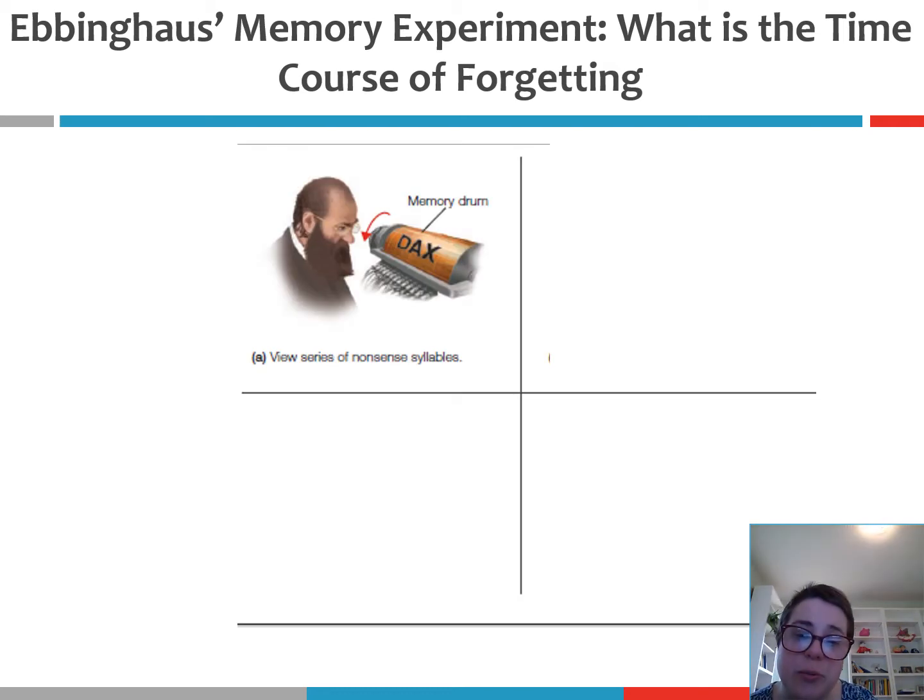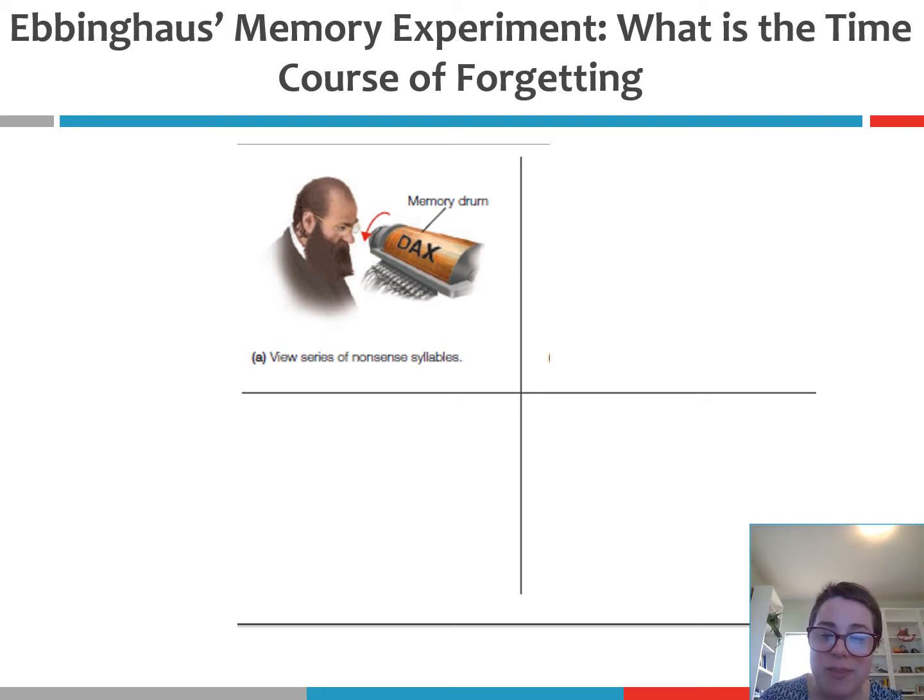So in order to do this, Ebbinghaus first had to come up with his own set of materials. A lot of times in contemporary experiments studying memory, we take things like ordinary word lists. So we have people study a list of words like book and chair and harpsichord and things like that.